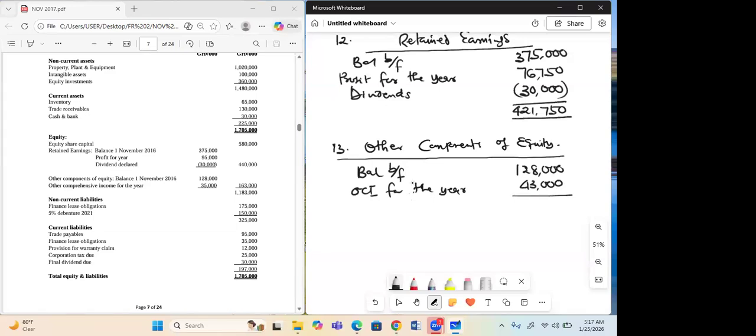Yes. What are we getting? 171,000. So let's go back to the statement and put them there. 421,750 and 171,000. And let's see if we balance.